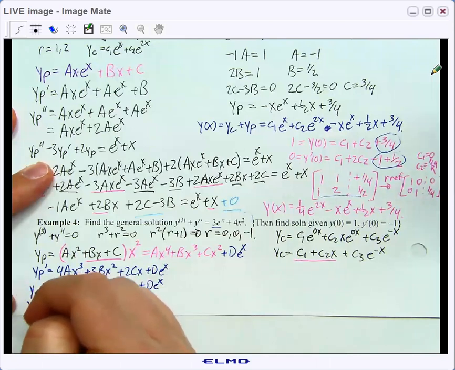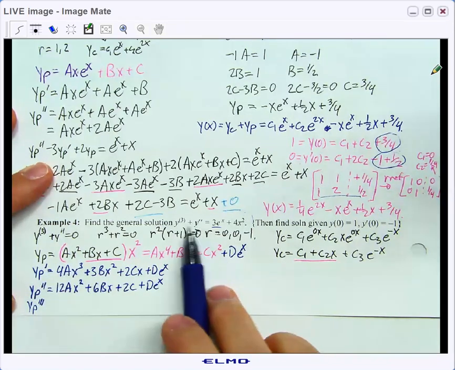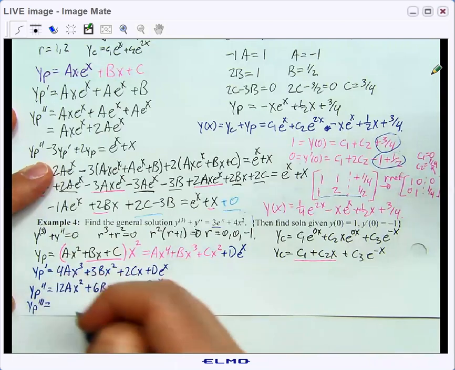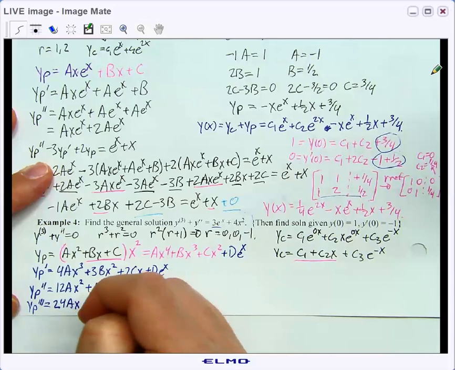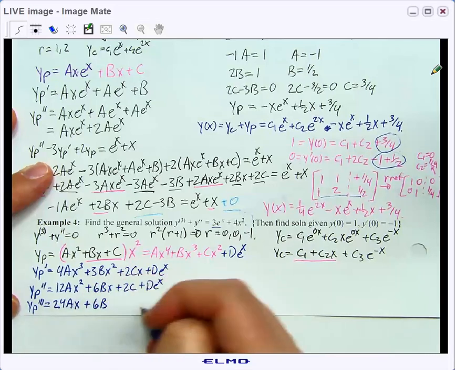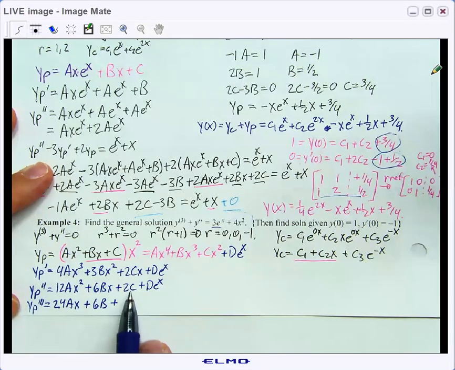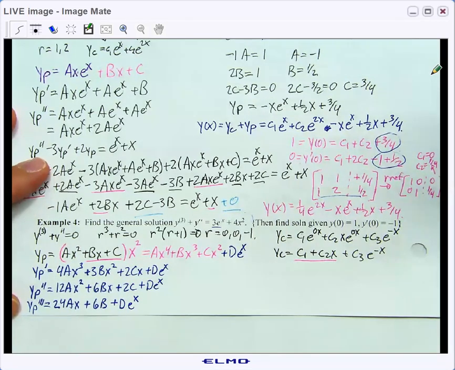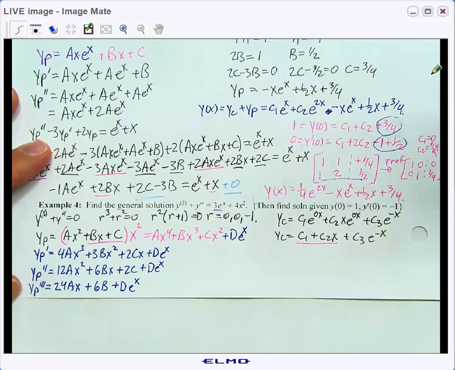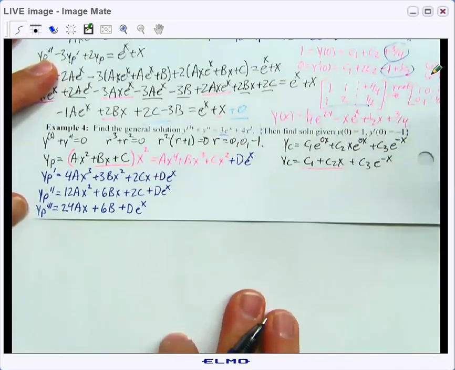And remember that this was a third-order equation, so we're going to need y_p''' = 24ax + 6b + 0 + d e^x. I'm going to need just a little bit more space, so we'll continue down here.